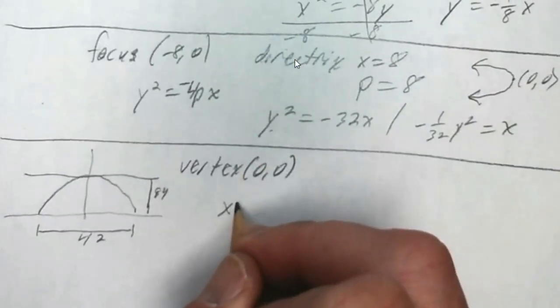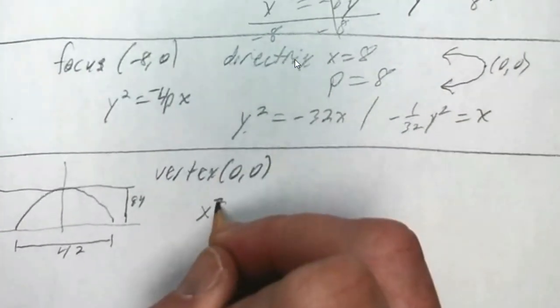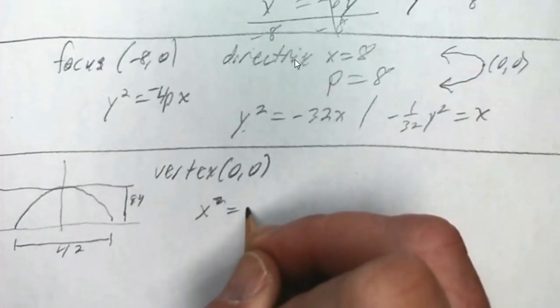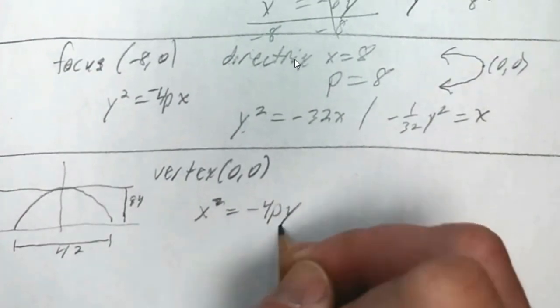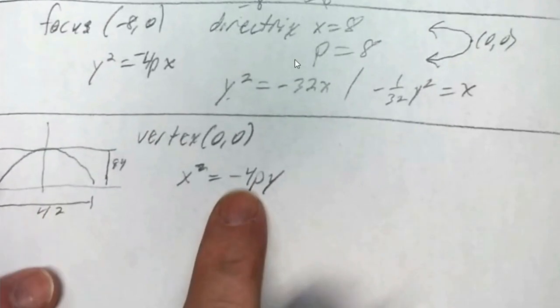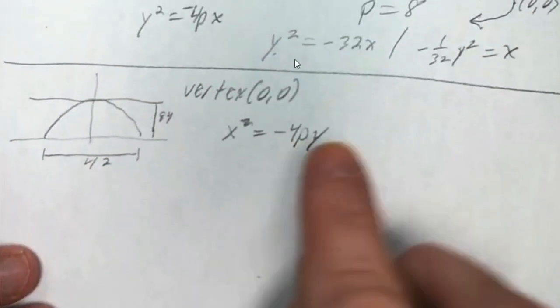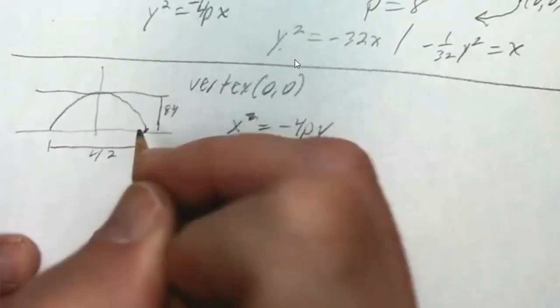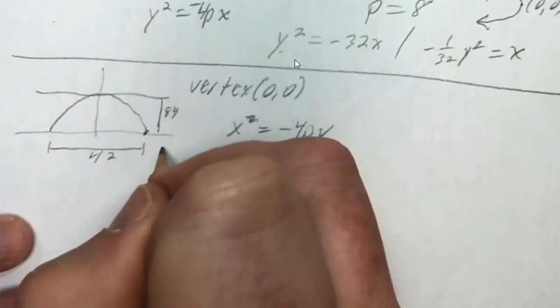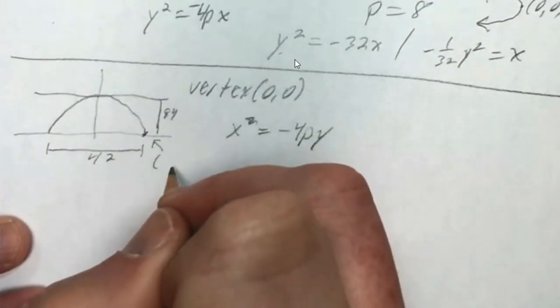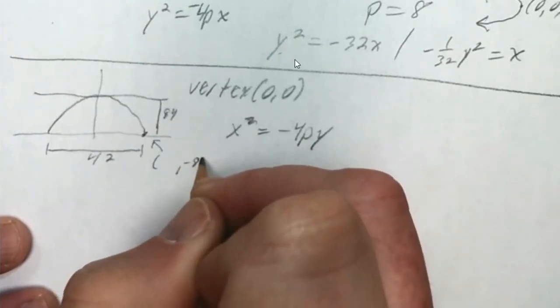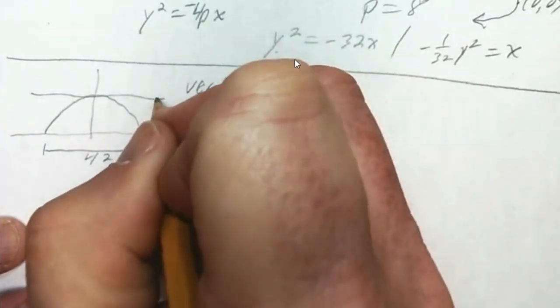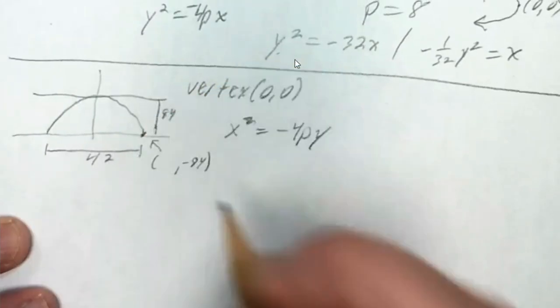So x squared equals -4py. To find what the equation is going to be, let's take this point right here. What is that point? We know it's at -84, because 84 is the distance below the x-axis.